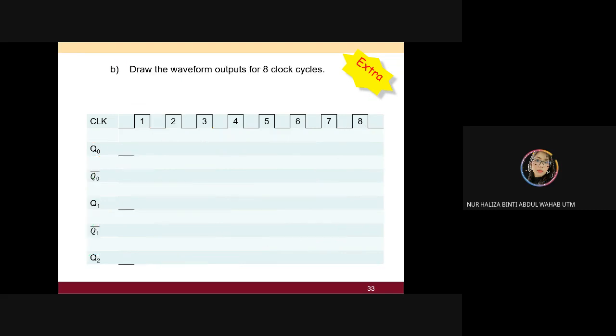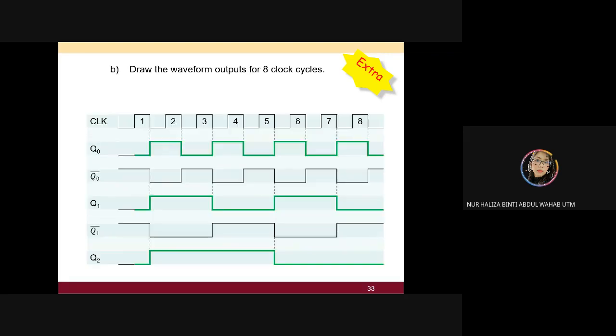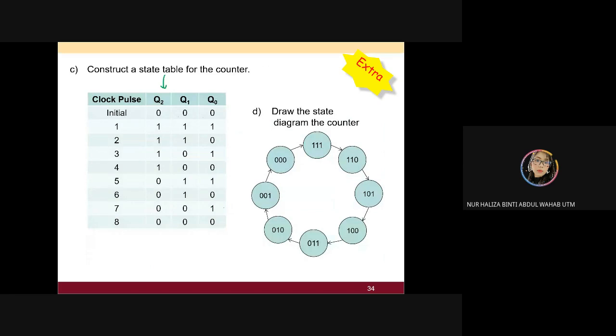So you just represent it in your state table. 0, 0, 0, 1, 1, 1. Just now what I drew last for the last one. And you can see it continues to the next 0, 0, 0, which goes back to your initial.